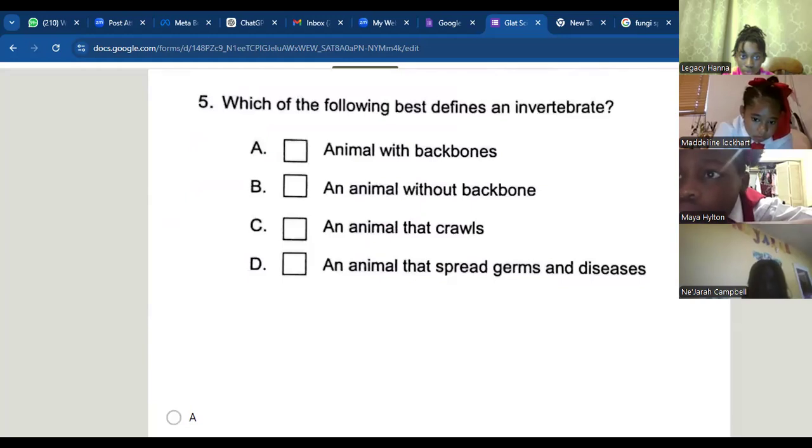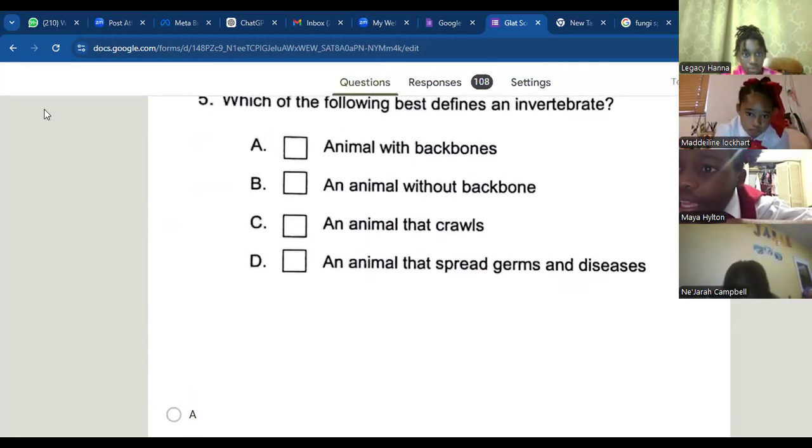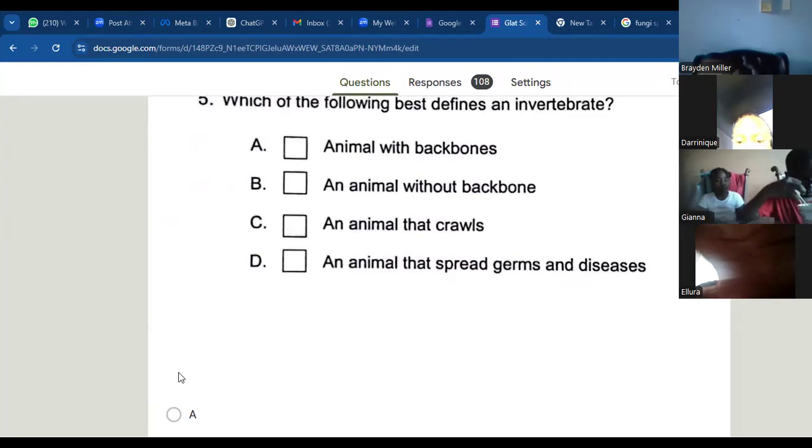Maya, read number 5 for me, please. Number 5. Which of the following best defines an invertebrate? A. Animal with backbones. B. An animal without backbone. C. An animal that crawls. D. An animal that spreads germs and diseases.